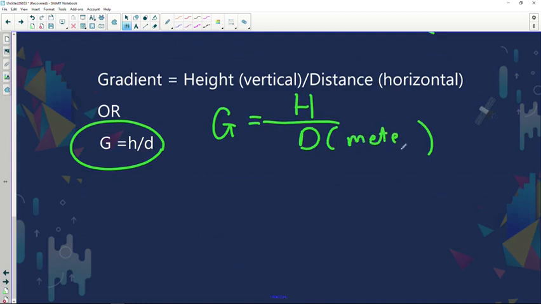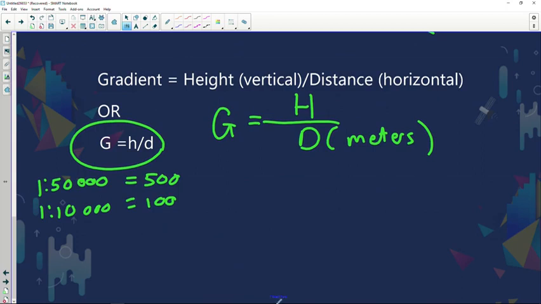In meters. Because we calculate gradient, keep in mind we use the formula for meters. And for a 1 to 50,000, to get meters, you times it with 500, and for a 1 to 10,000, you times it with 100.